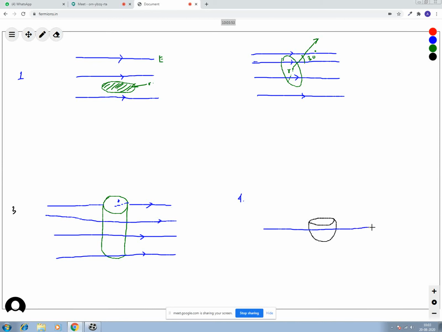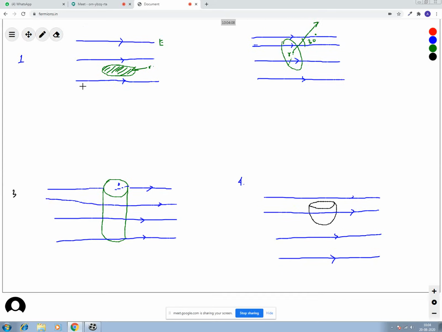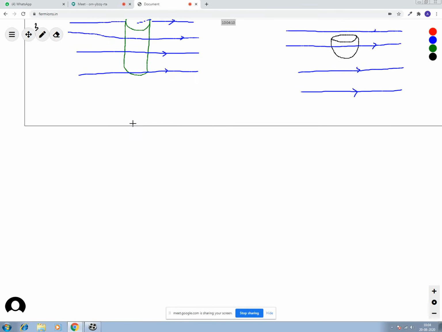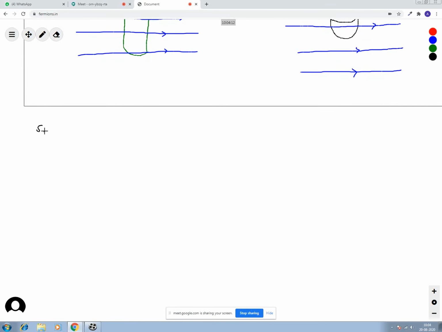The radius is R. Fourth, here also I need to find what is phi. Then here, this is a hemisphere.